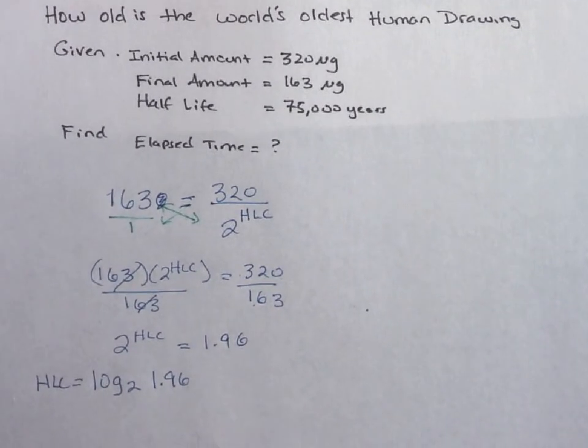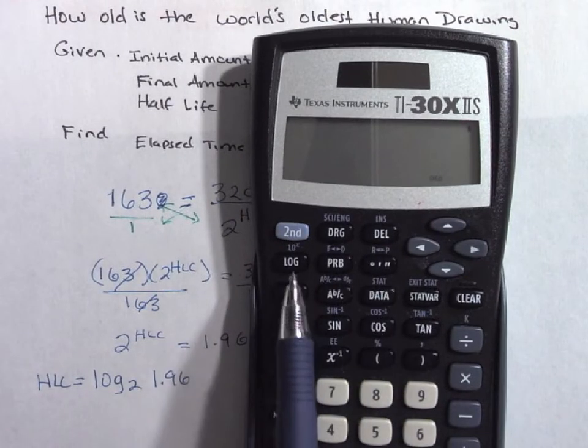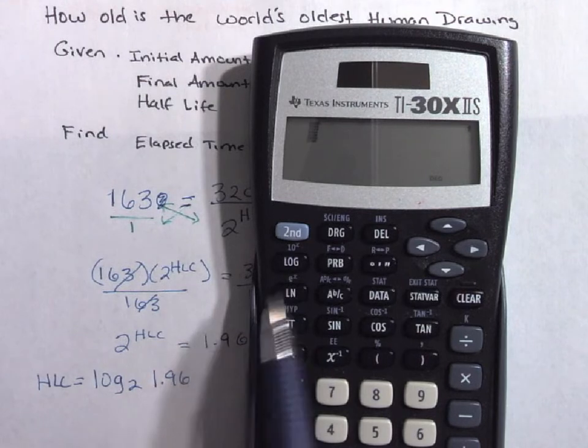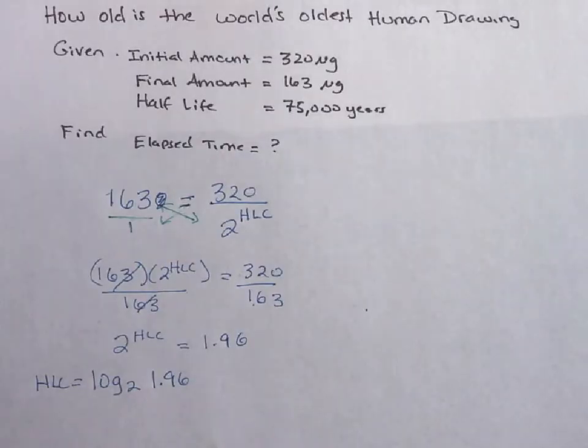Okay. And if you have a calculator like mine that you cannot change the base of the log, this is log base 10, not base 2. So what I'm going to use is that property of logs that will help me do that.